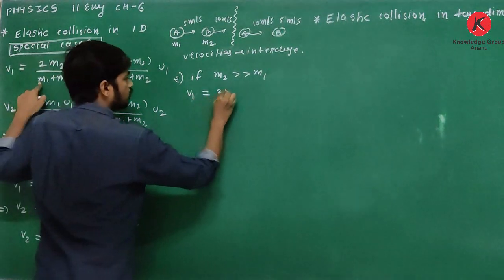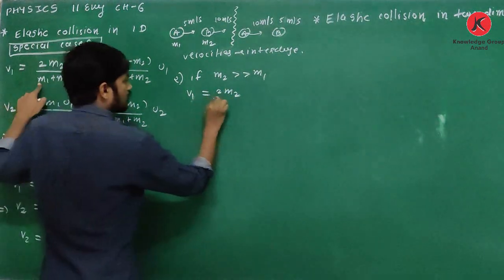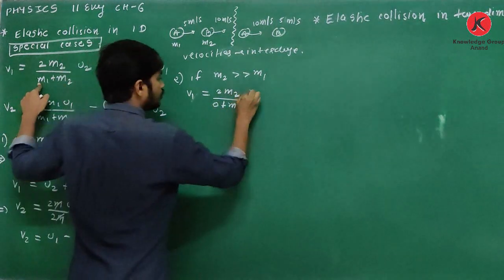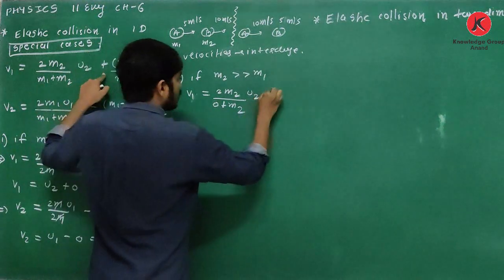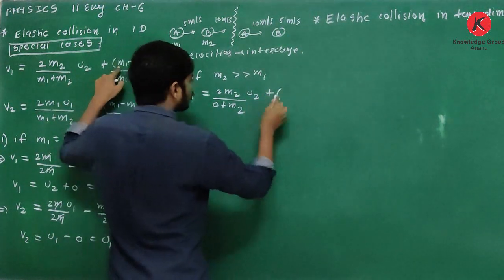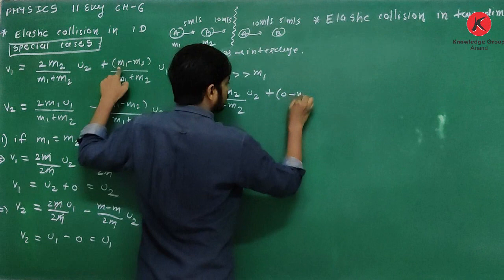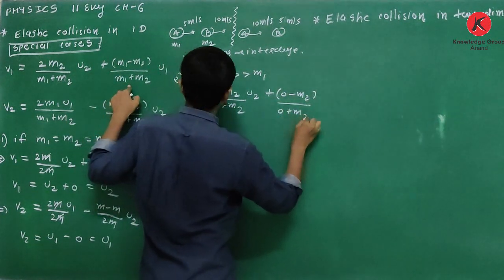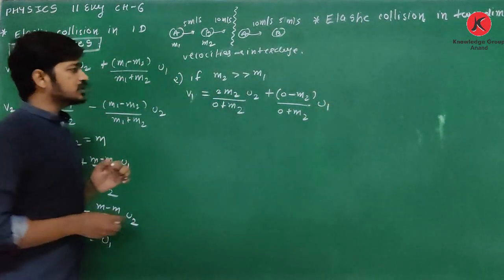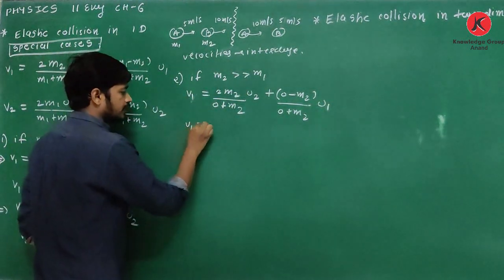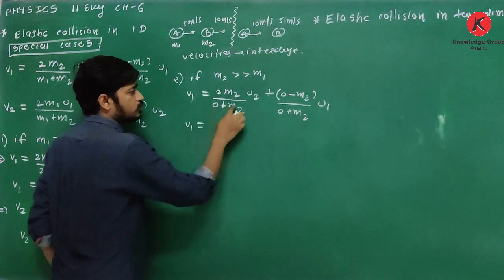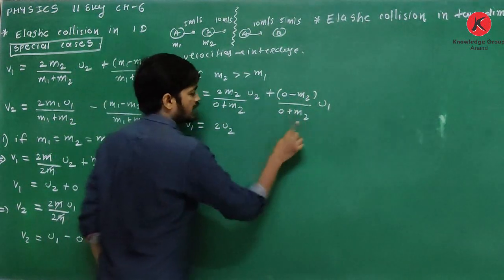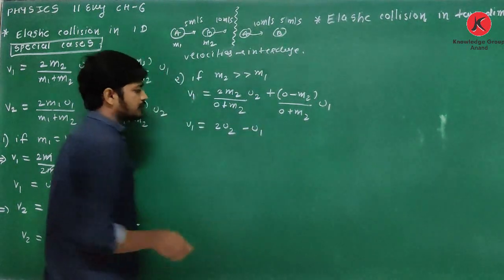Here it is 2 m2 upon 0 plus m2, times u2, plus m1, which you put as 0, minus m2 upon 0 plus m2, times u1. Clear about this? So v1 is equal to, m2 upon m2 cancels, so it is 2 u2. And here m2 upon m2 cancels, so it is minus u1. Clear about this?